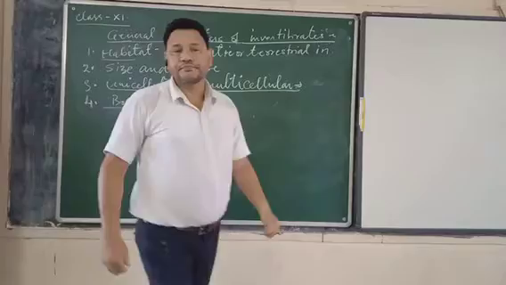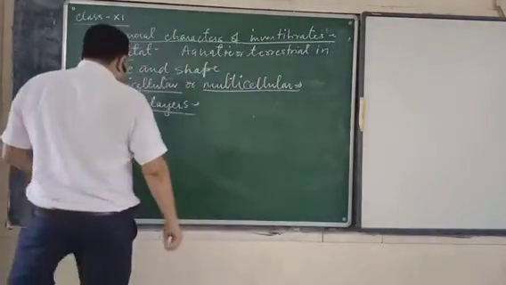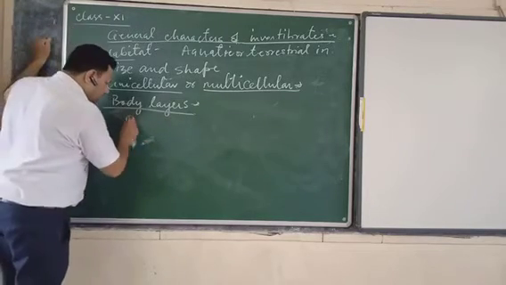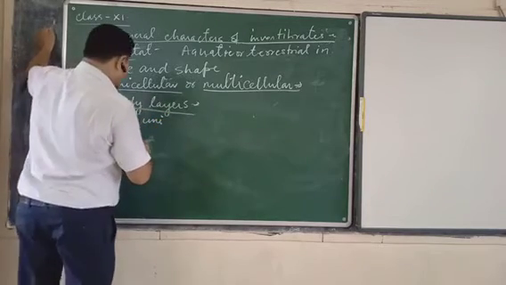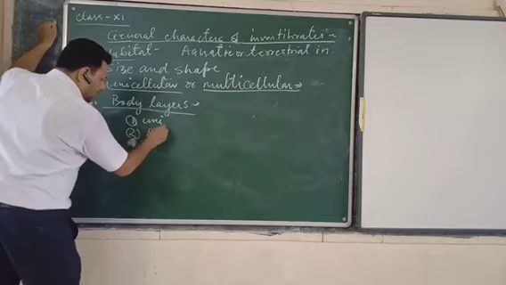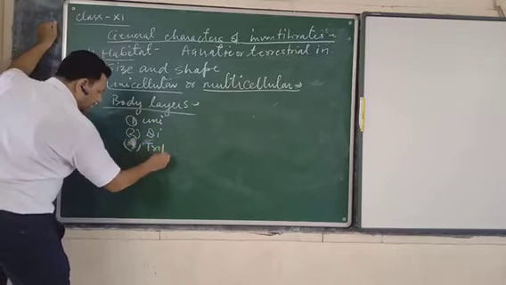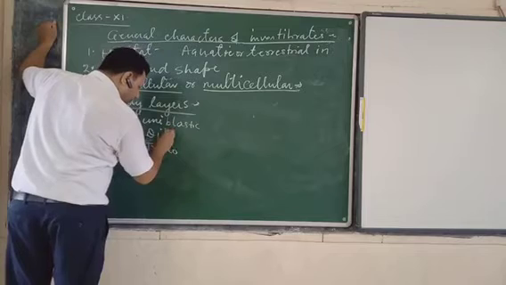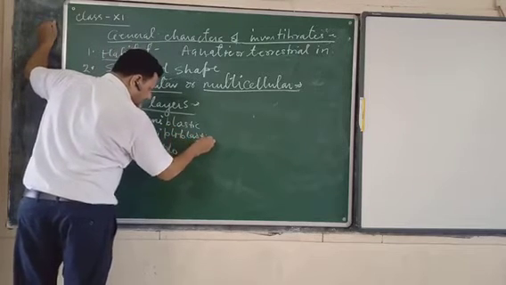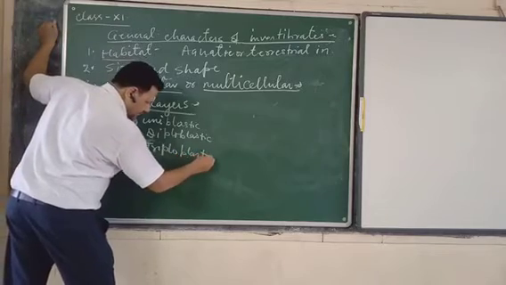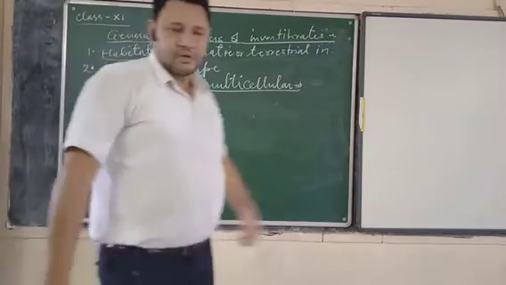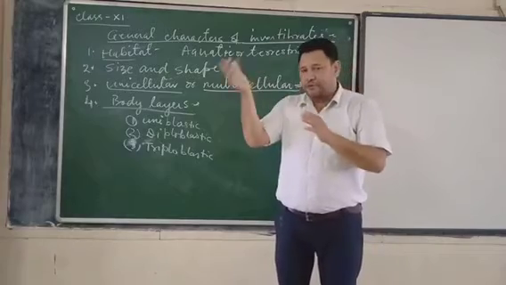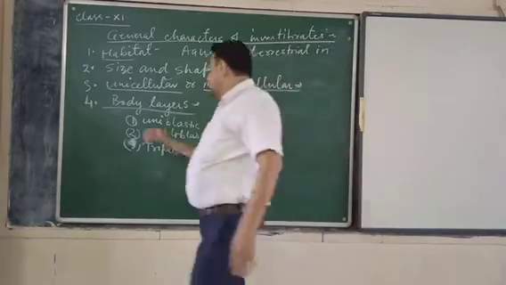On the basis of the layers present in the body, they are categorized into uniblastic, diploblastic, and triploblastic. The primitive organisms in this group of invertebrates, like protozoans, are always uniblastic.